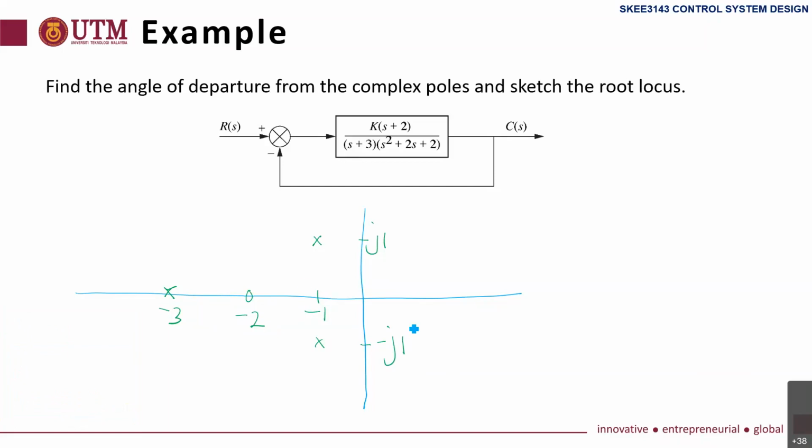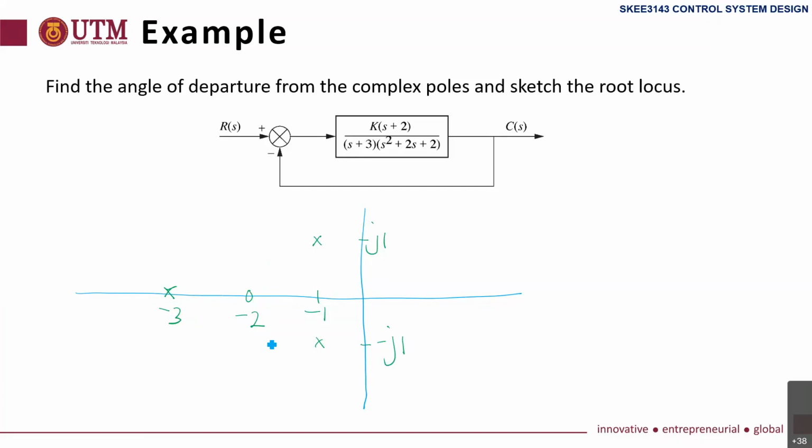There are 1 pole, 1 zero on the real axis. So how can we determine which region we will have root locus? After the minus 1, after the odd number, the left values.